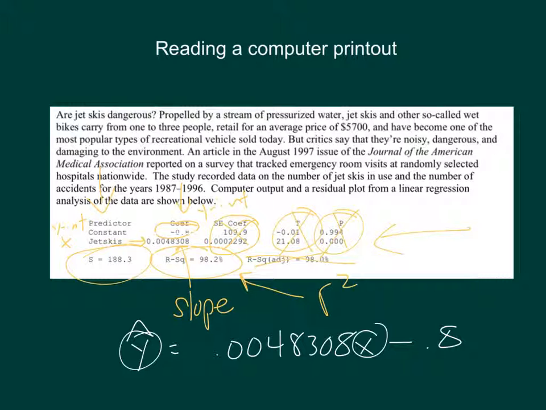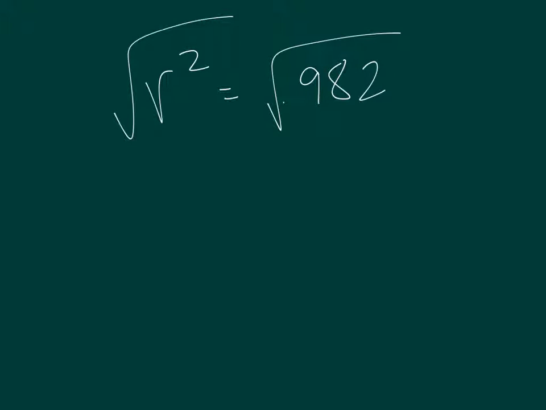I also want to point out you can get R from this because we have R squared, which is 98.2%. So if R squared is 98.2% or 0.982, we can square root both sides, and we get the R is about 0.991.